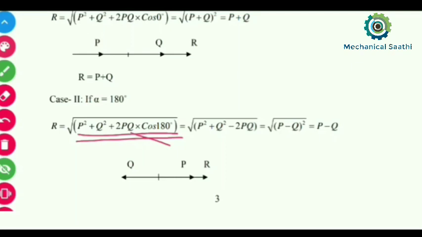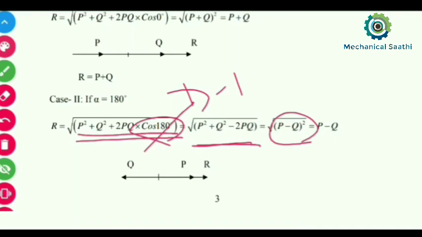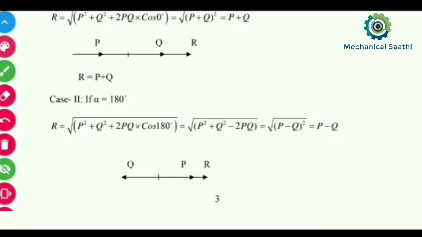Then here cos 180, we know this value is equal to -1. Then we get p square plus q square minus 2pq, which is p minus q whole square, whole under root. Then we get p minus q. So if the angle between these two forces is 180, they are opposite to each other, with different magnitudes but opposite direction, then we can calculate the resultant by deducting the lower value from the higher value.